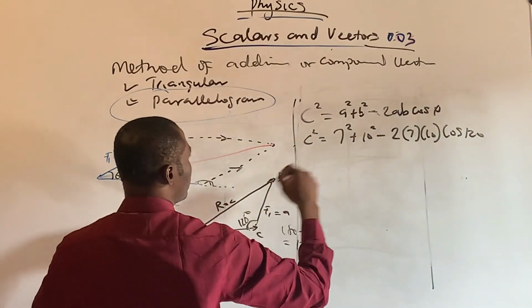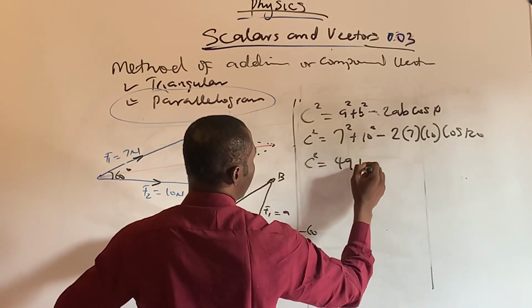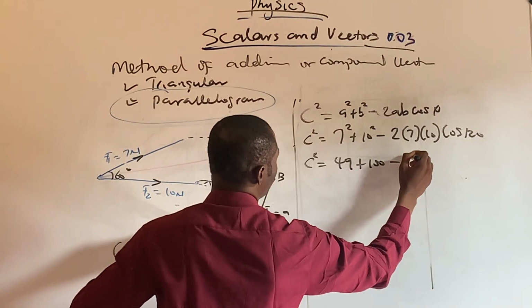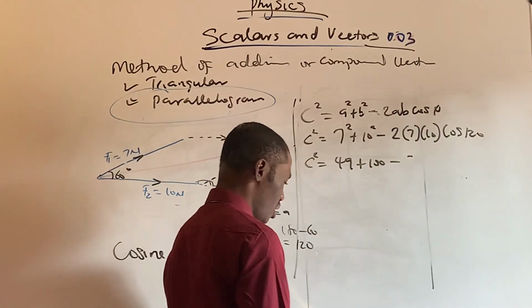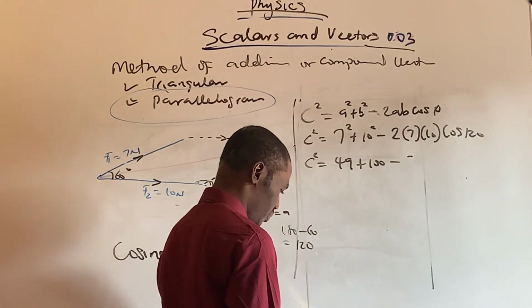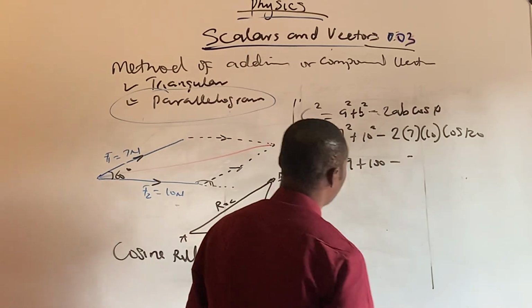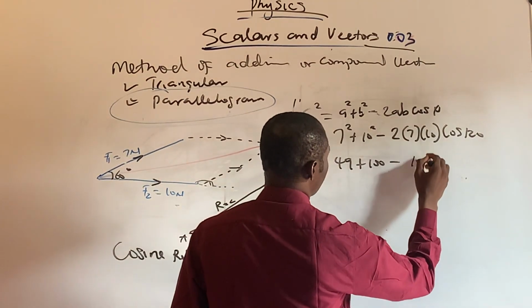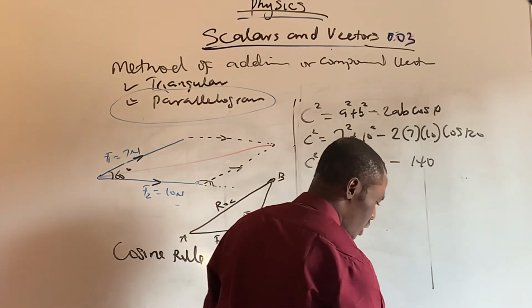All right? So if you do that, c squared is equal to, this should be 49, and this should be 100, minus 2 times 7 times 10. So 2 times 7 times 10, 140, right? So this is 140. 140 cos 120 is what?